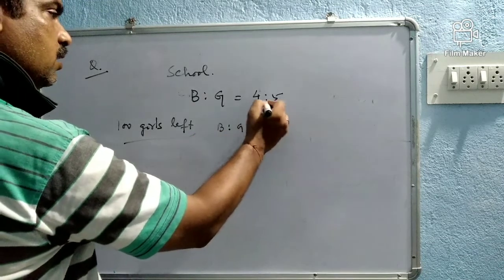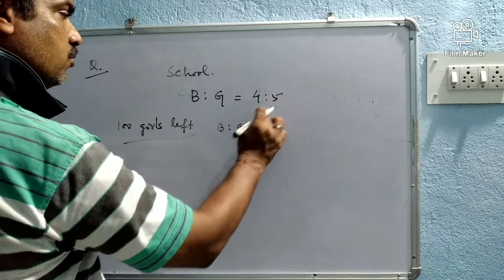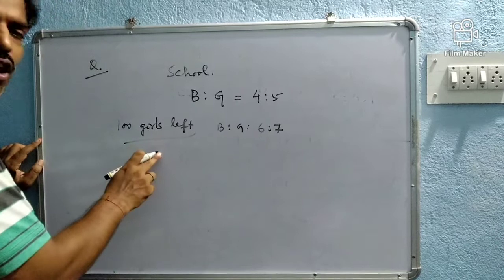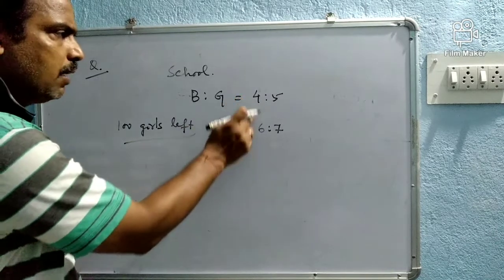Here in this 4:5, earlier it was 4. So these boys here, 4, it will be 6. But here boys did not leave. That's why I will have to make it equal here.